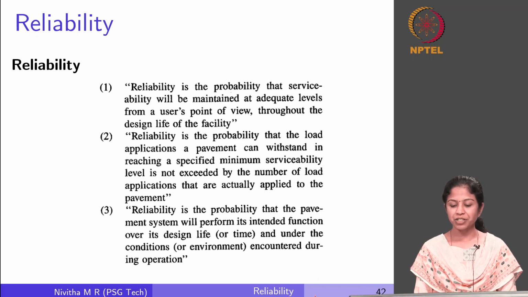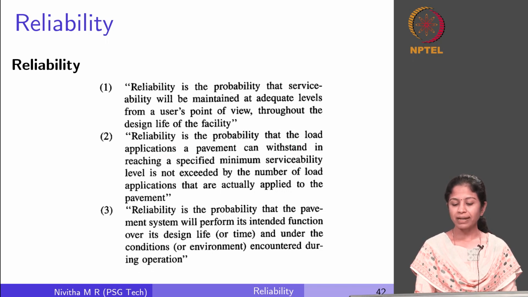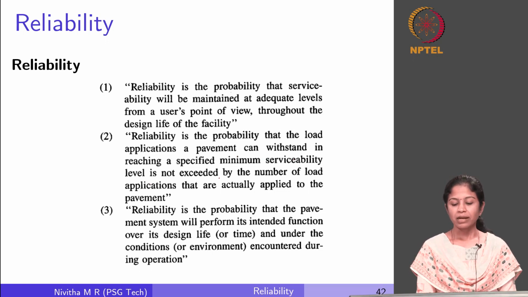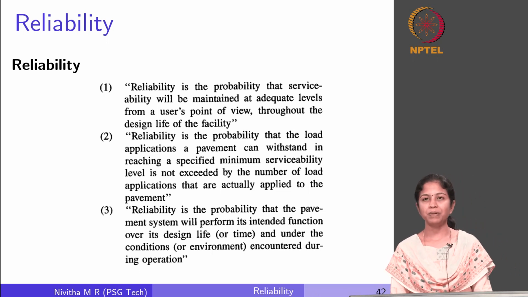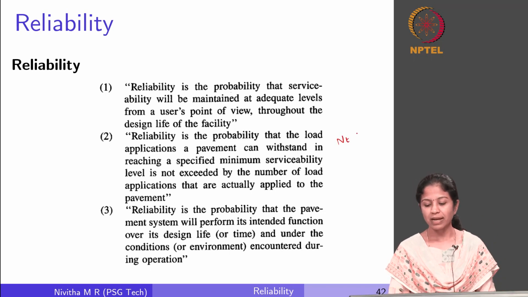The second definition is that reliability is the probability that the load applications a pavement can withstand in reaching a specified minimum serviceability level is not exceeded by the number of applications that are actually applied to the pavement. There is a specified number of repetitions within which I reach from P0 to PT, that we have defined as NT.